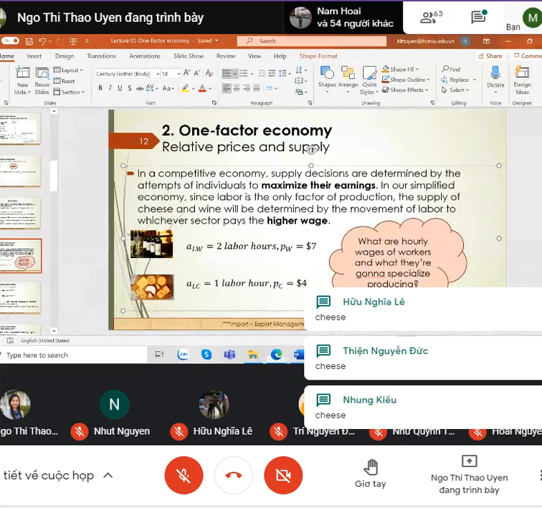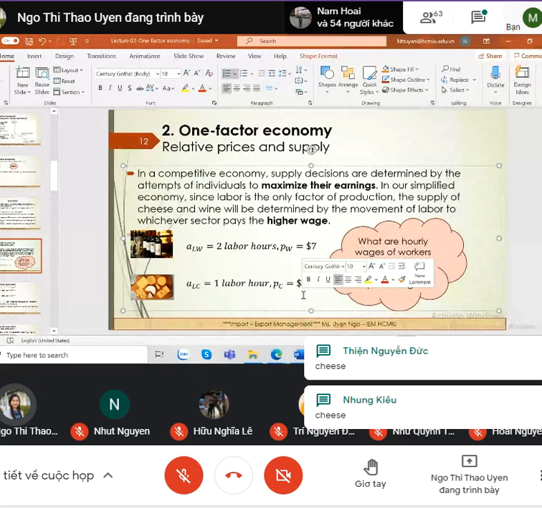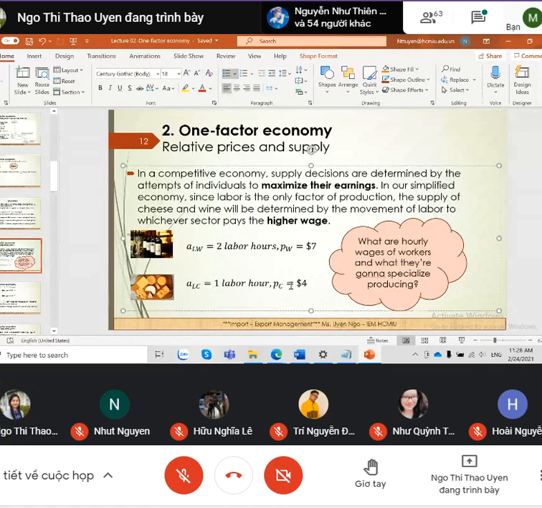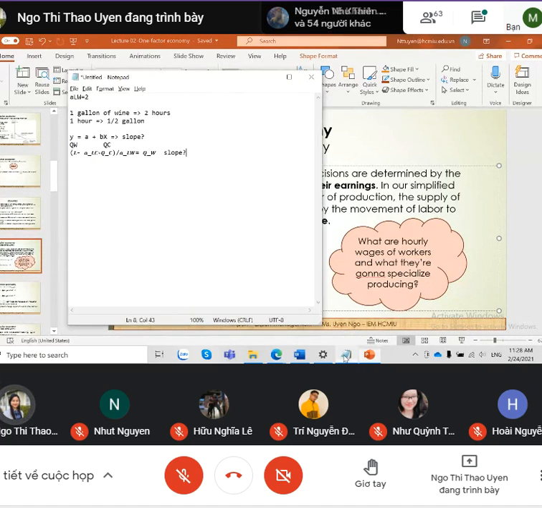Cheese. Yes, of course, we want to produce something that we can earn more from. So you see that the price of cheese divided by ALC is larger than the price of wine divided by ALW. So specialize in cheese.